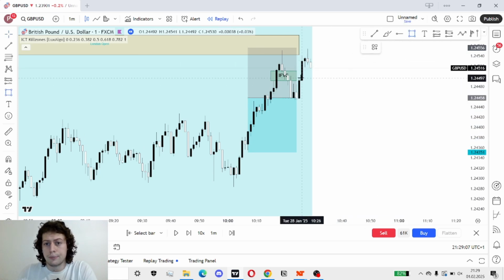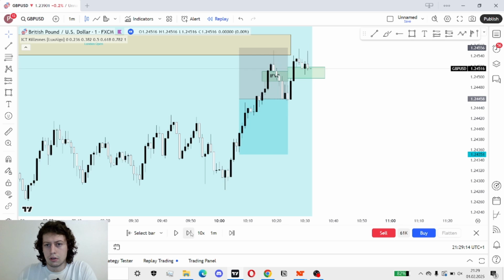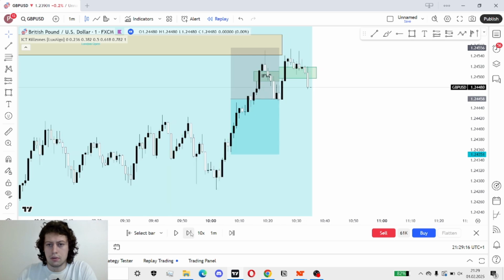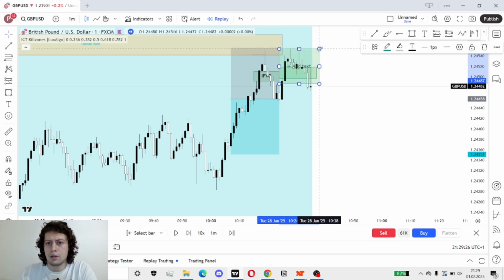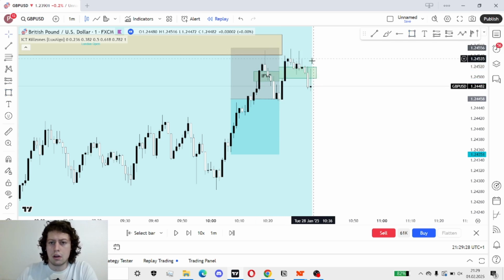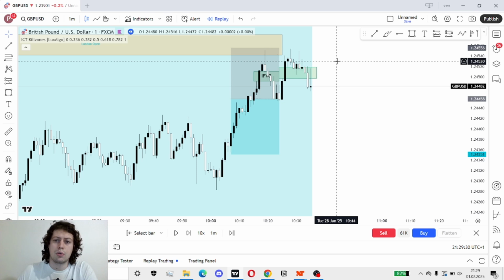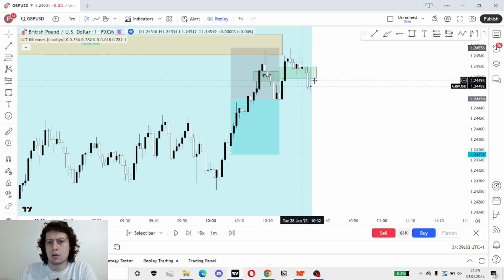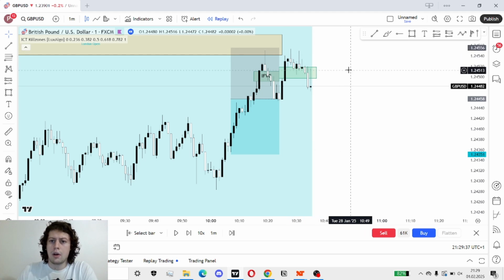We have another inverse fair value gap, probably here, and with bigger volume. Okay, if you can see this pattern of these candlesticks, and use inverse fair value gaps or fair value gaps, you can spot that this is a very nice setup.